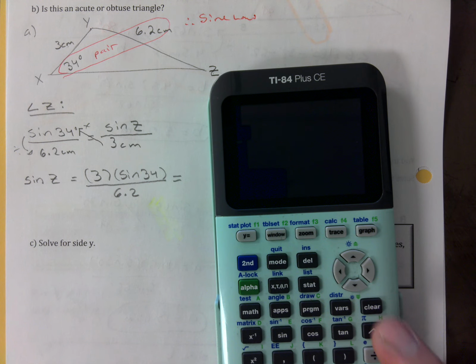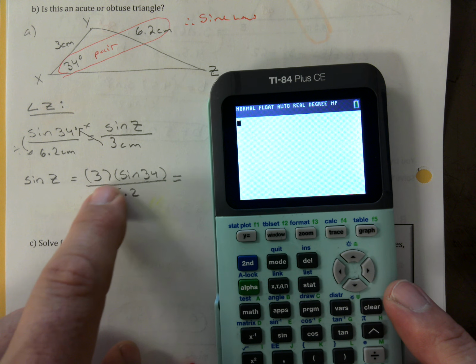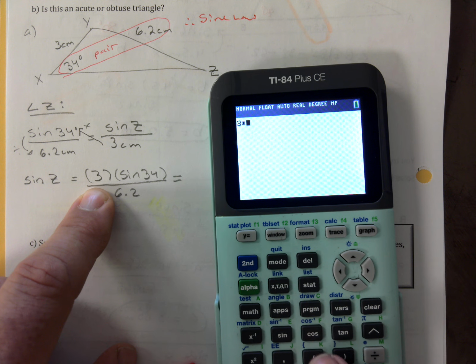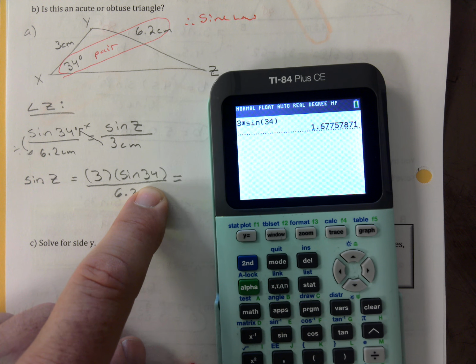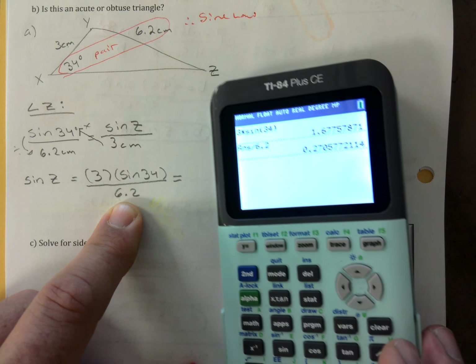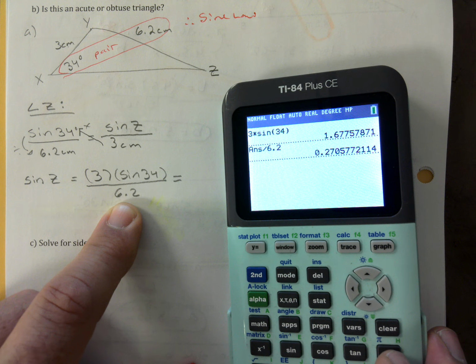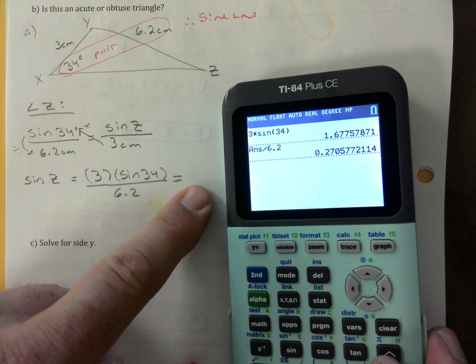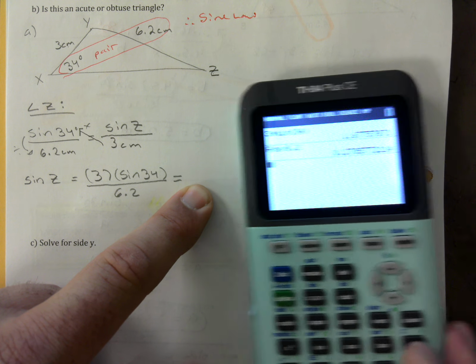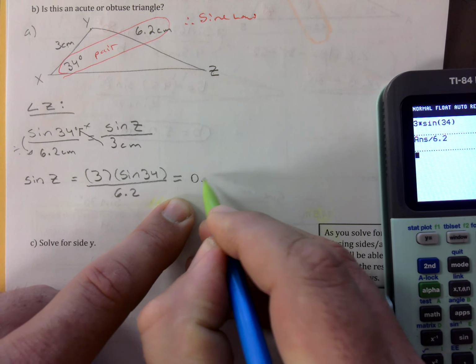So what I would like you to do is turn this into a decimal here. So we're going to go 3 times sine of 34. We multiply, hit equals or enter, then divide it by 6.2. That way you can tell if you did this right later on. If for whatever reason the answer is wrong, I'm going to go check for this decimal here. So let's write down the first couple, 0.270 continued, right?